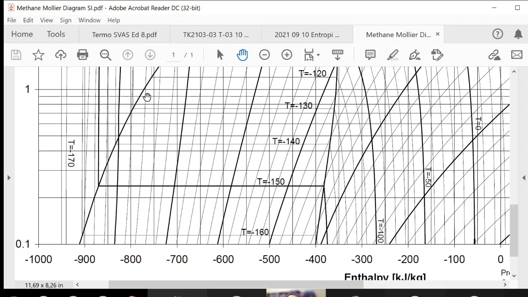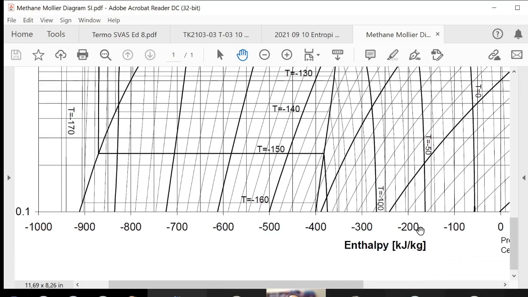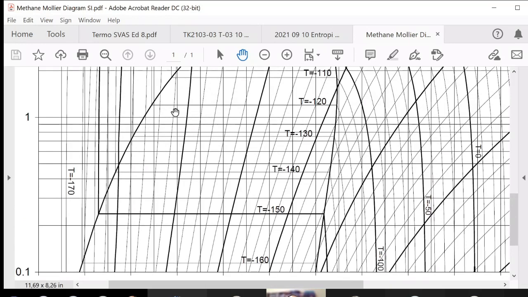If finally you find that the liquid is 75%, then the 25% is the vapor. Is it percentage of moles, mass, or volume? It is percentage of mass. Why? Because the enthalpy here is per kilogram, so the ratio is the mass ratio.